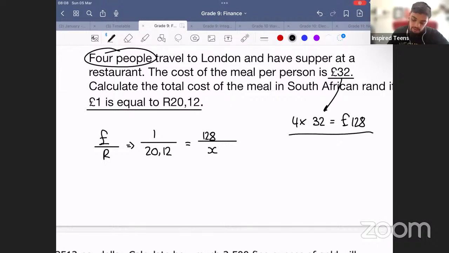So in that case, I'm going to cross multiply, meaning I multiply X by 1. And I'm going to get 1x is equal to 128 times 20.12.